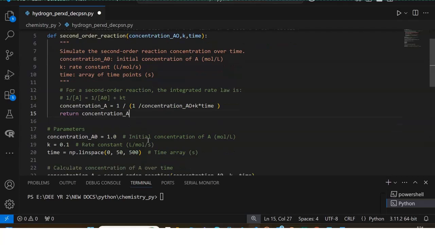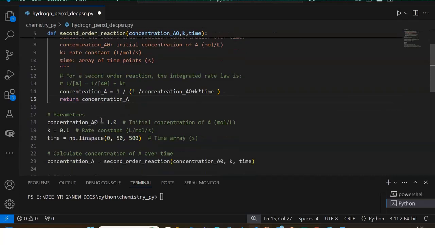So we proceed. Now, the parameters have to be initialized. So this is the initial concentration of A at t equals 0. Then k, the rate constant, is 0.1, has been given. Then we need to write down an array of time, remember this is going to be an input to this model. So time is the independent variable.